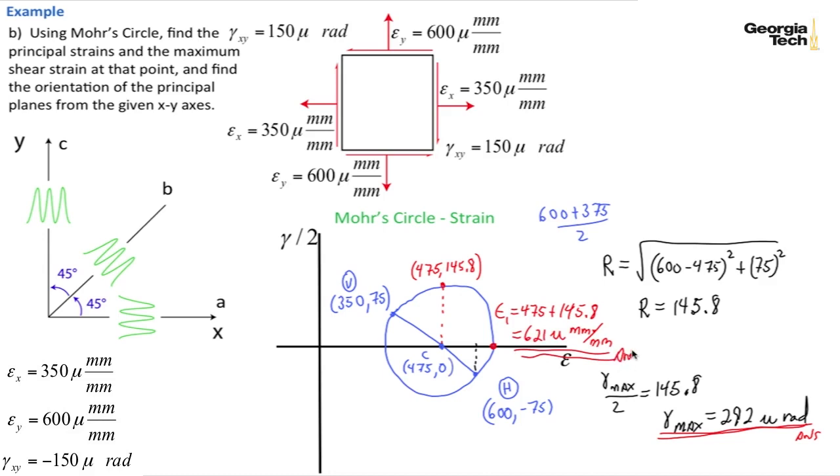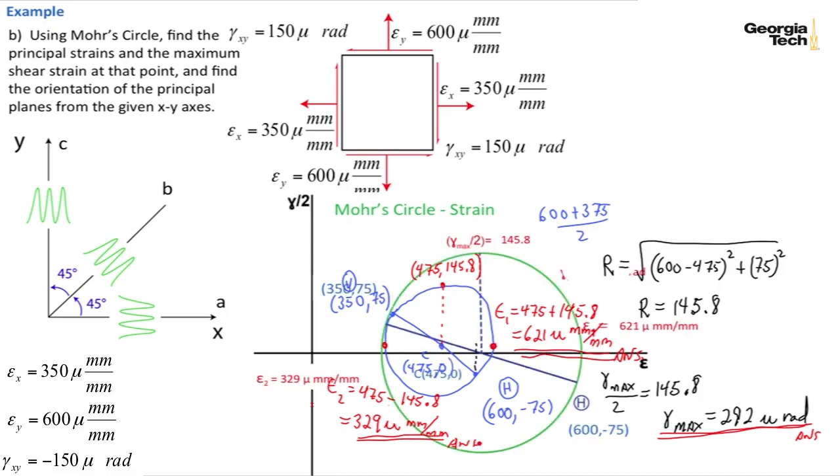And my other principal strain, epsilon 2, is going to be 475 minus the radius of 145.8. And so that's going to equal 329 mu millimeters per millimeter. That's our other principal strain. Okay, and so that's a good Mohr's circle for strain.